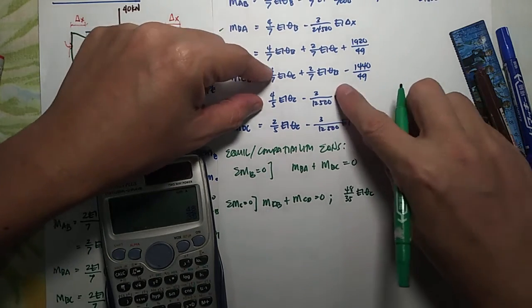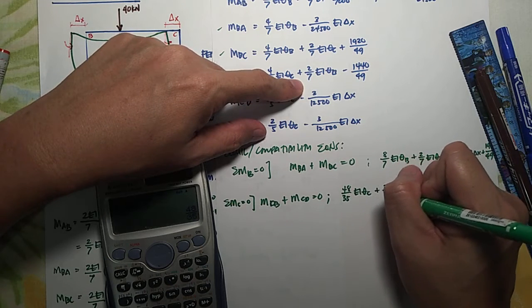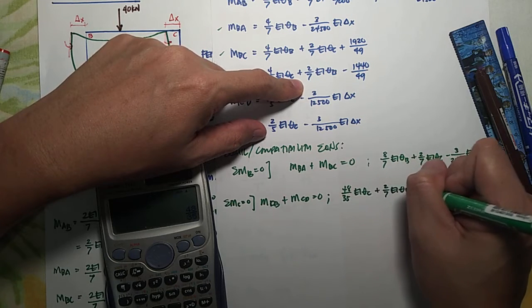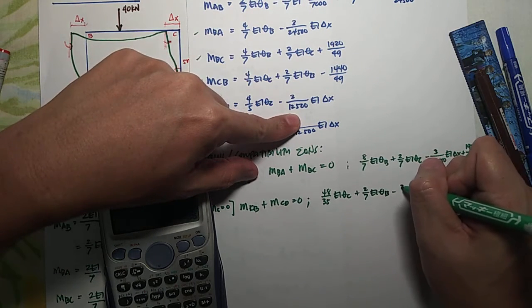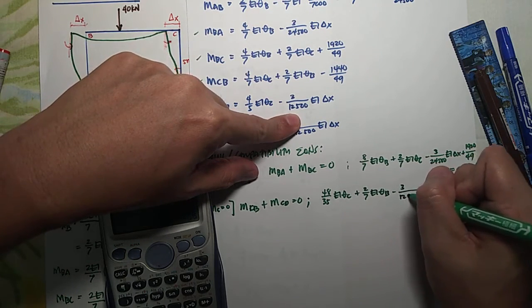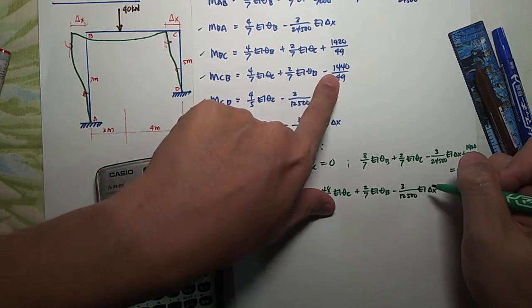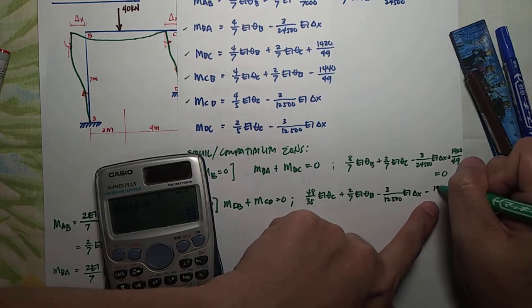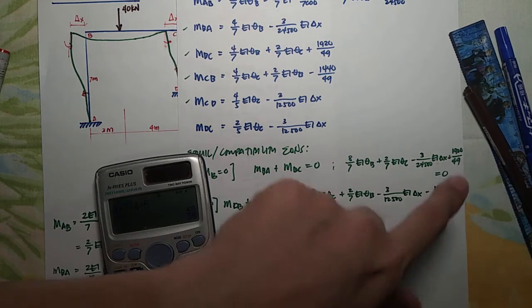Okay? Then we have theta B there. Plus 2 over 7 EI of theta B. Then this one minus 3 over 12.5 EI delta X. Then this one minus 1440 over 49 should be also equal to 0.